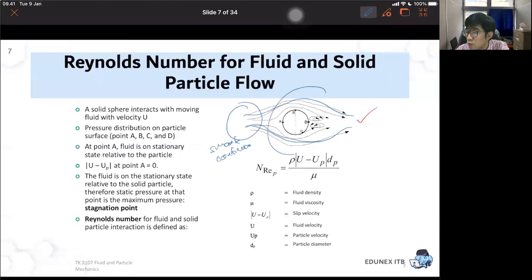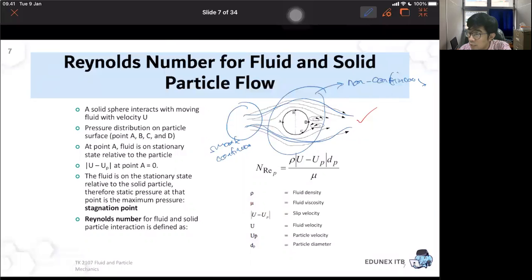This one is what we call non-continuous or inconsistent. So this is the normal or general interaction between fluid and a spherical solid.